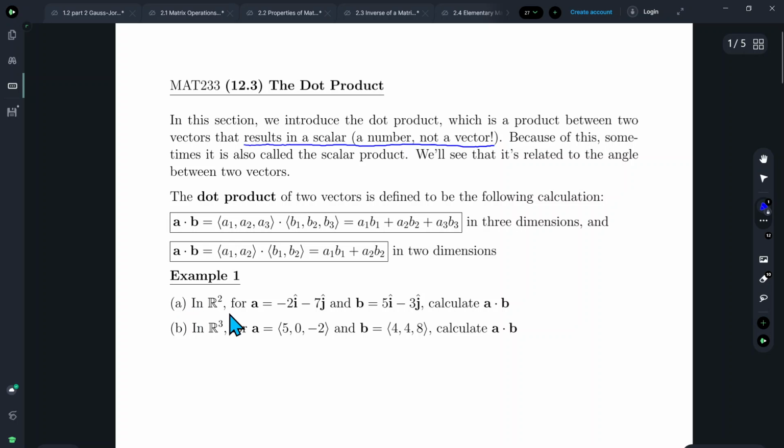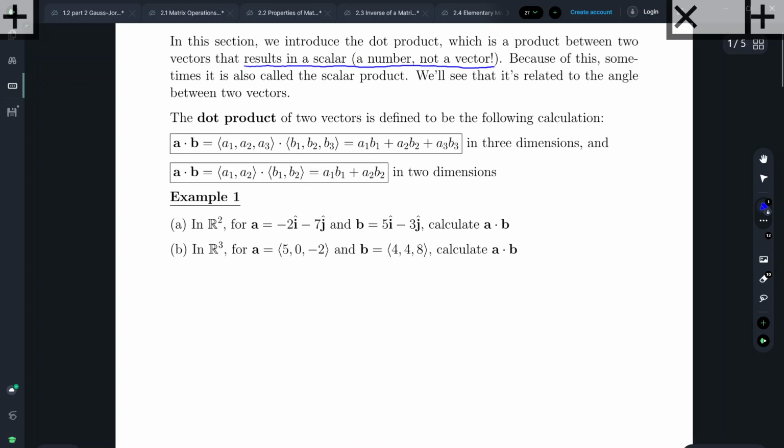In part A here, we have two-dimensional vectors, but written in the standard basis notation. To make things a little bit easier, I'm going to convert them to the angle bracket notation.